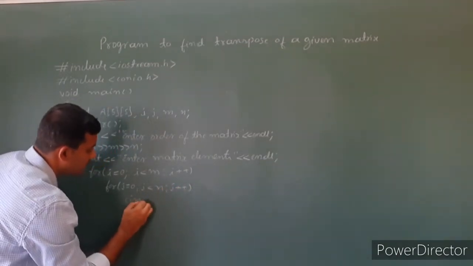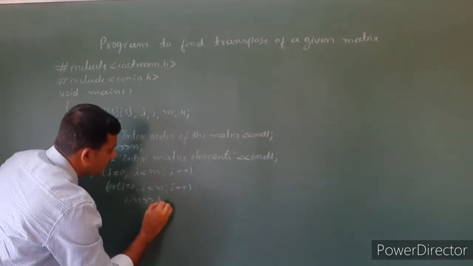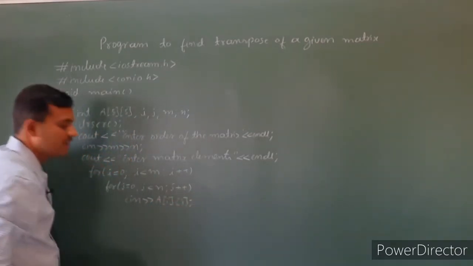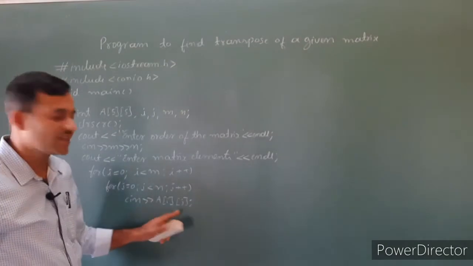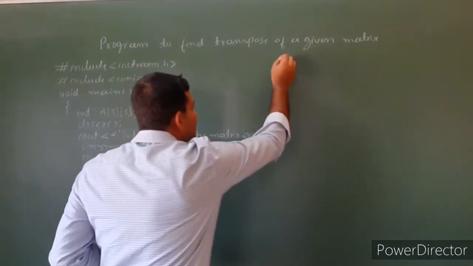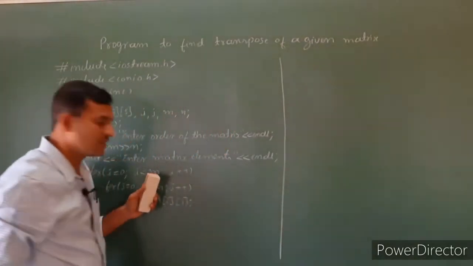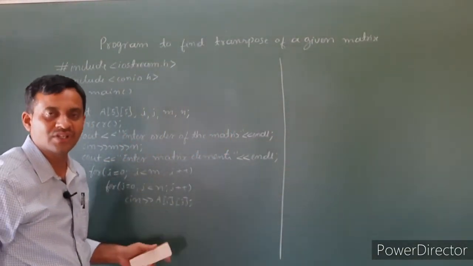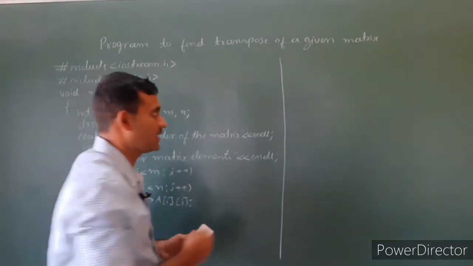Then cin extraction a of i j. See here, while reading, the index values are i j and the order is m cross n. If you want a transpose, you have to interchange the order of the matrix and also interchange the index values. Then we get a transpose of a matrix.